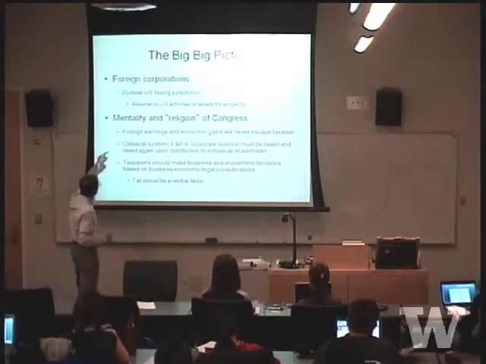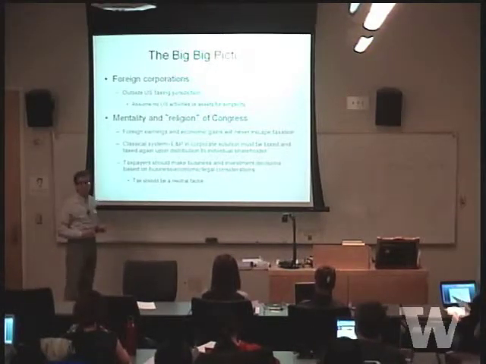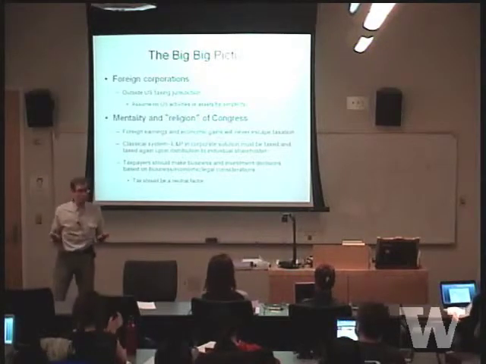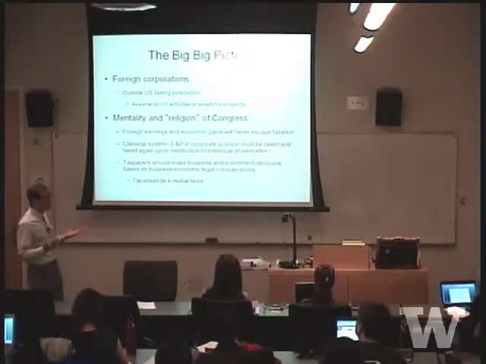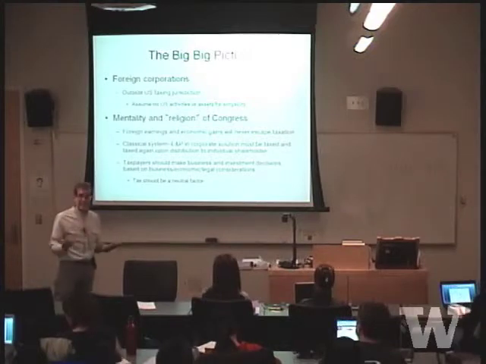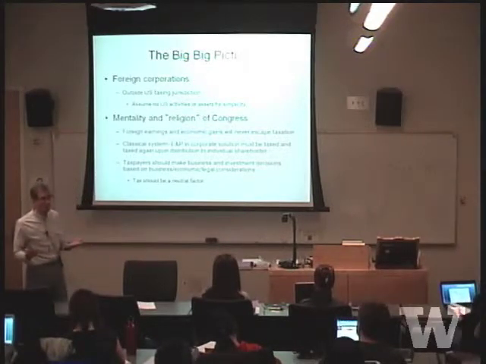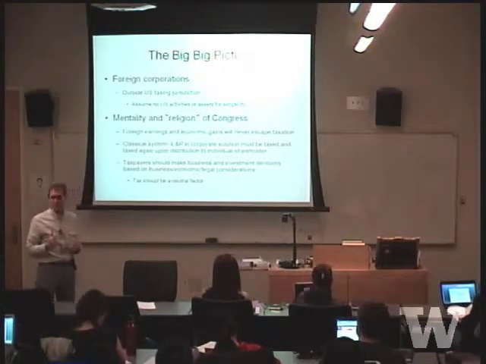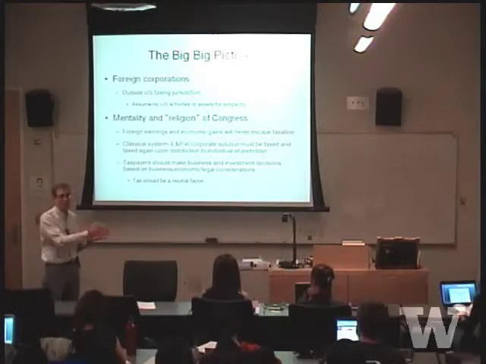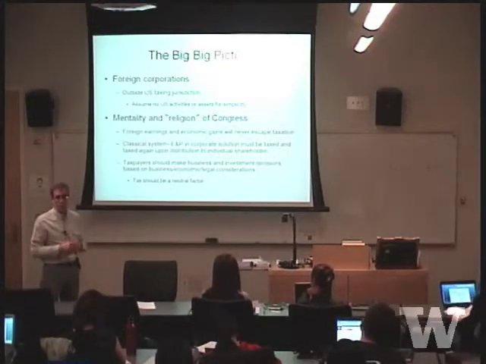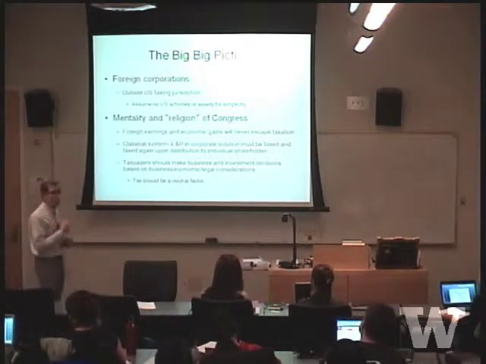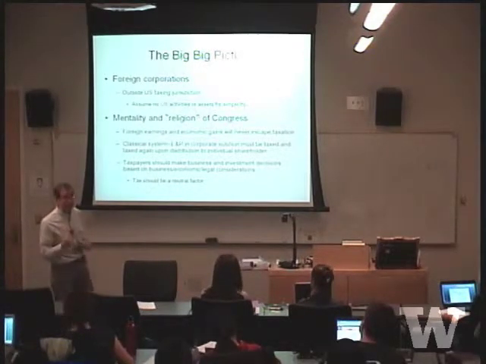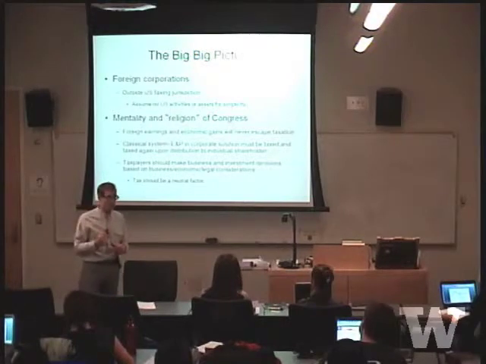So there's sort of an overriding function that foreign earnings or any economic gain will never escape taxation if a U.S. person has an interest in it. That runs through a lot of the law which we'll be covering. Make sure that no U.S. person has a gain which never gets taxed.